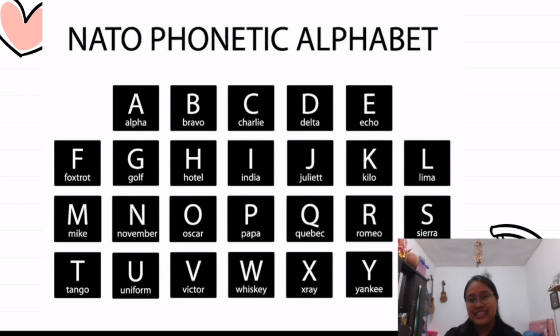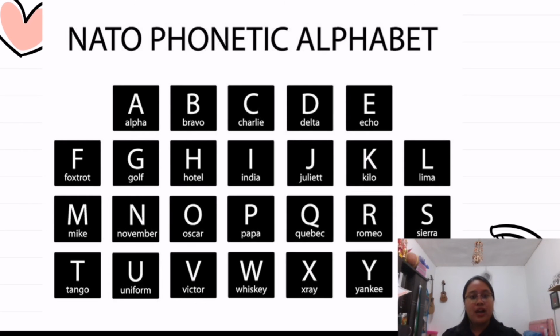The 26 code words in the NATO phonetic alphabet are assigned to the 26 letters of the English alphabet in alphabetical order. This is the NATO phonetic alphabet in the American style.